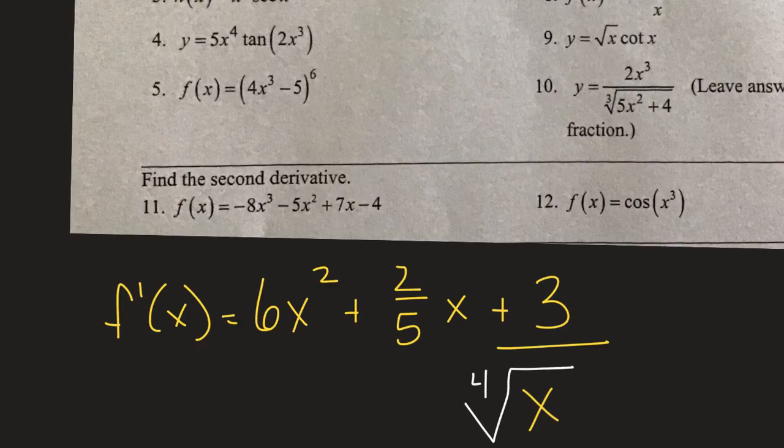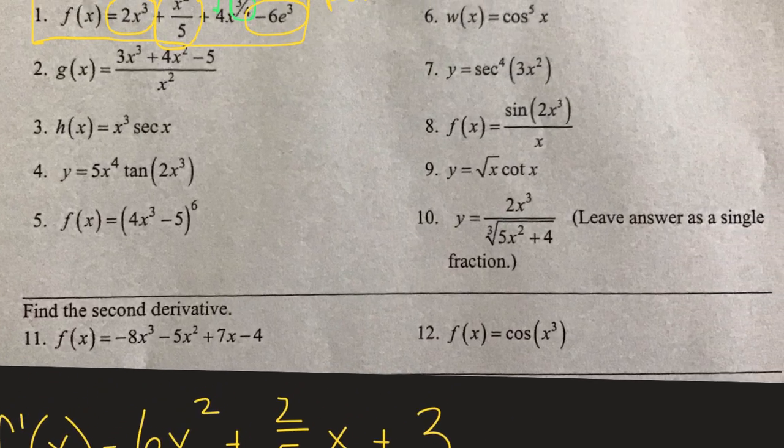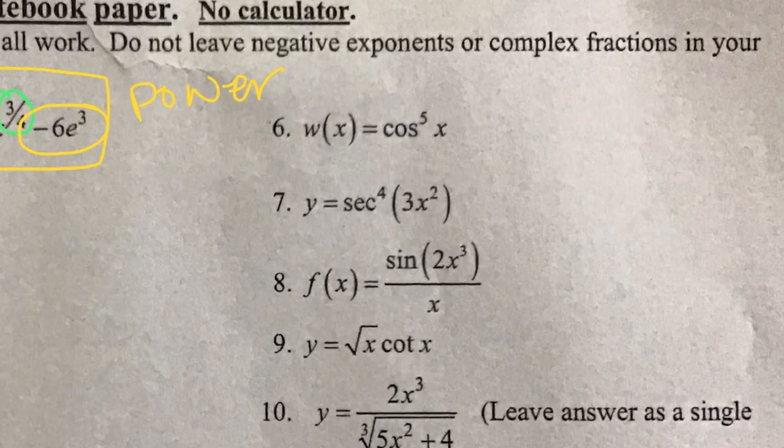I'm going to erase this and make it look prettier. So that would be good enough as our derivative, right? We can use the derivative to find the slope of the tangent line at any given value of x. That's where we're going to head with this, finding the tangent lines by using our derivative to find the slope.